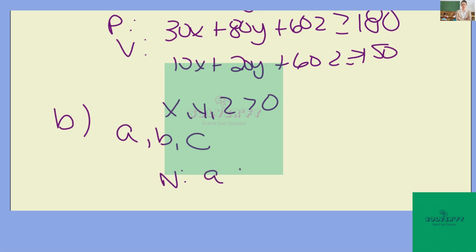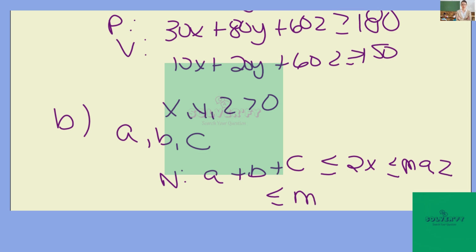That's going to be that A plus B plus C is less than or equal to 2, and x is less than or equal to M times A, y is less than or equal to M times B, and z is less than or equal to M times C, where M is a large constant.